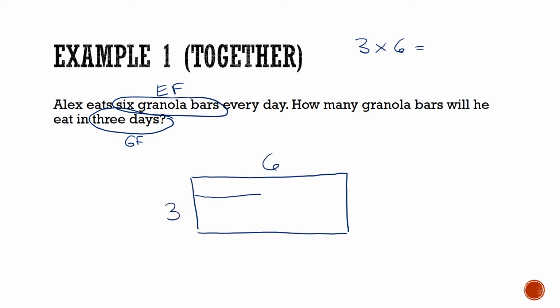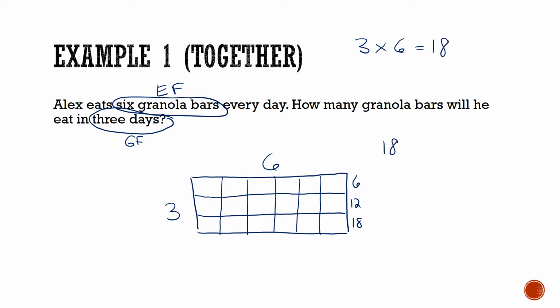I'm going to split this up into my 3 rows, and make sure that I show that there are 6 boxes in each row. So this array matches up with that situation very nicely. How can I solve now? Well, 3 times 6. 6, 12, 18. My total is 18, so my answer is 18 granola bars.